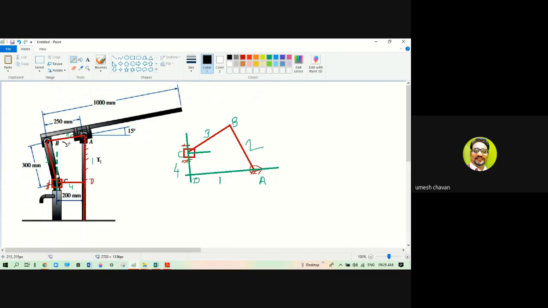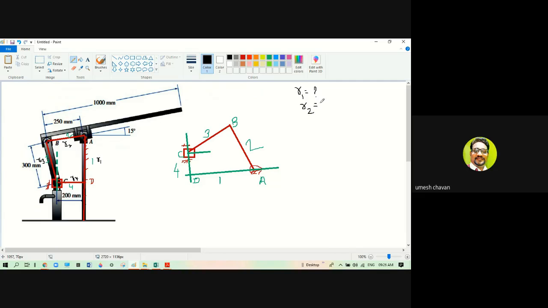Now this dimension is R2, this dimension is R3, and this dimension is R4. So how much is R1? R1 is the question mark, it is unknown. How much is R2?